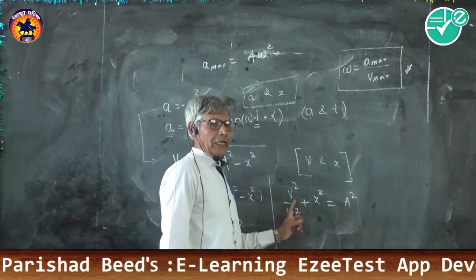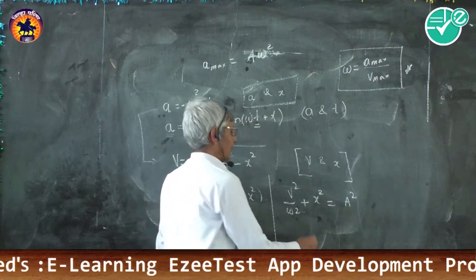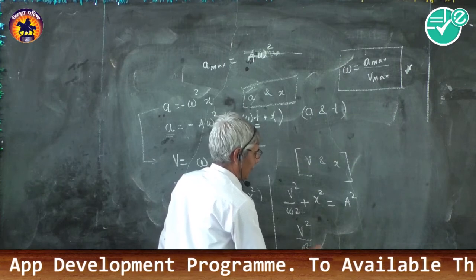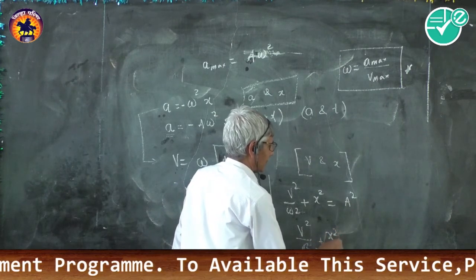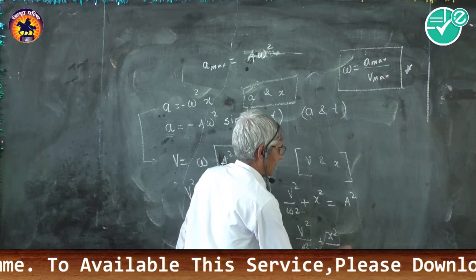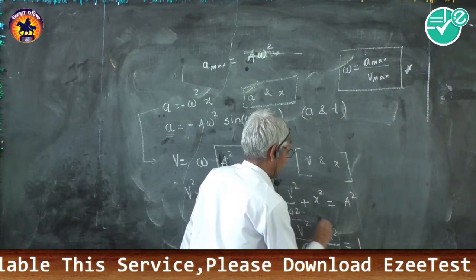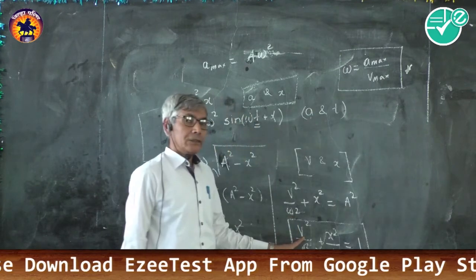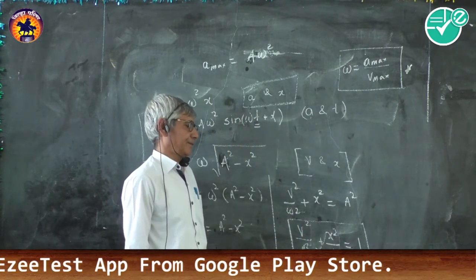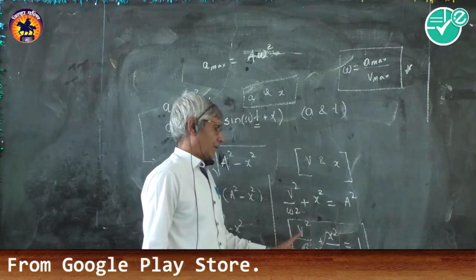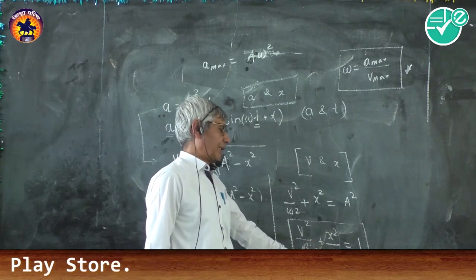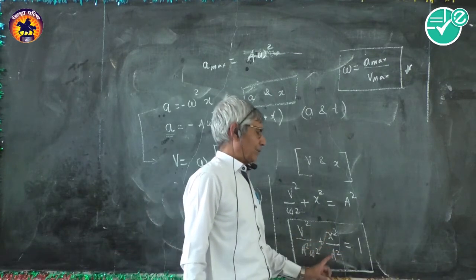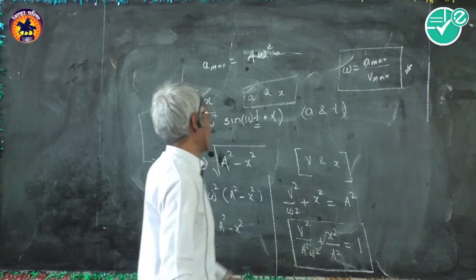Dividing LHS and RHS by A square, we have v square divided by A square omega square plus x square by A square is equal to 1. This is the equation of an ellipse, similar to x square by a square plus y square by b square equal to 1.